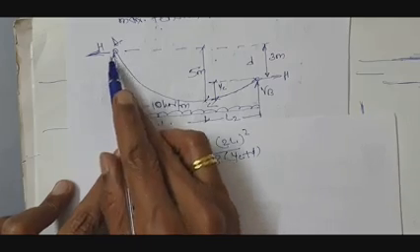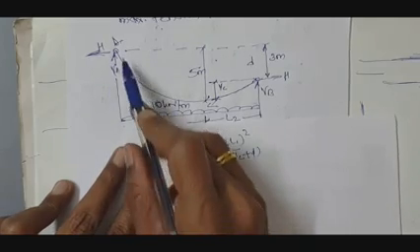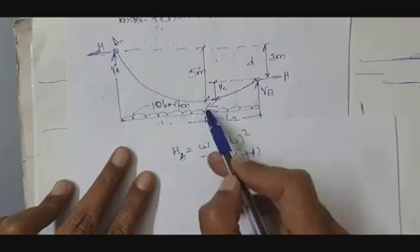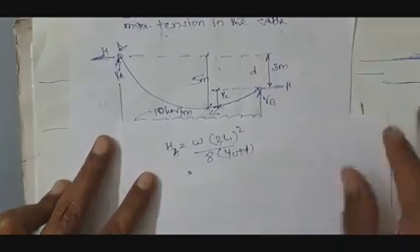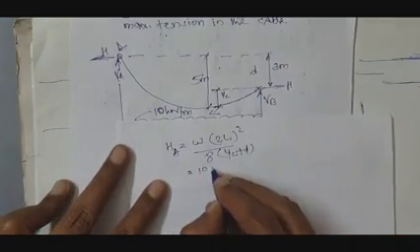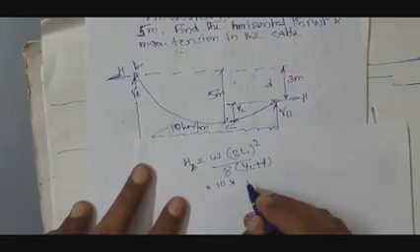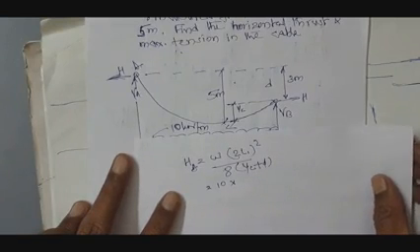From A, the span of the cable will be 2L1, and the dip is with respect to A, the lowest point. Now W is 10 kilonewton per meter. Then 2L1, L1 what we have got here?